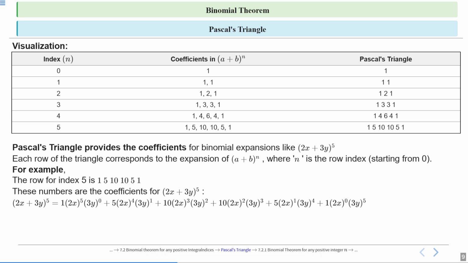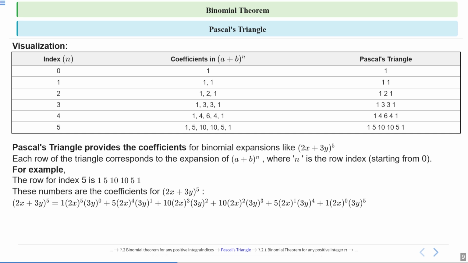Okay, so one thing I hope you observe is that for the first term, 2x, the power decreases by 1 for the subsequent terms. And the power of the second term, that is 3y, increases by 1 for the subsequent terms.